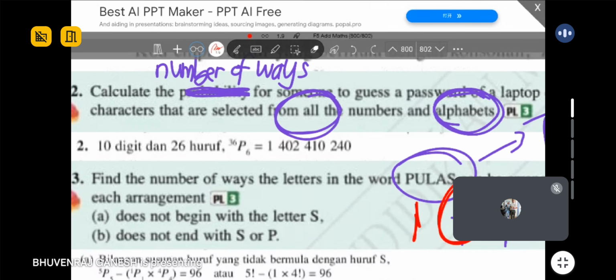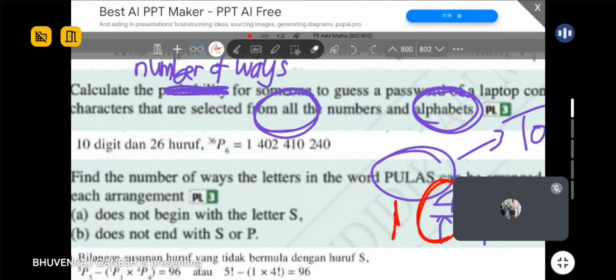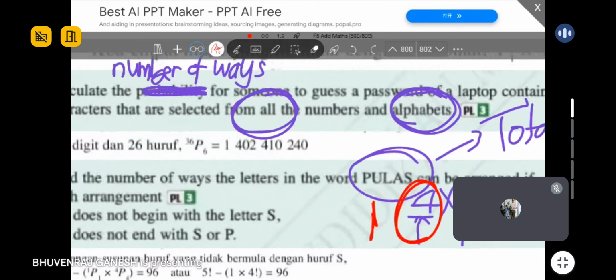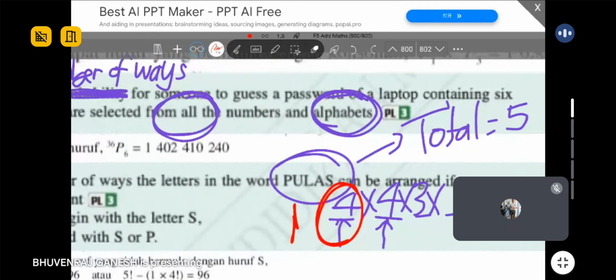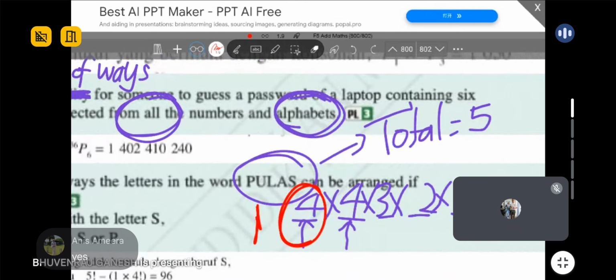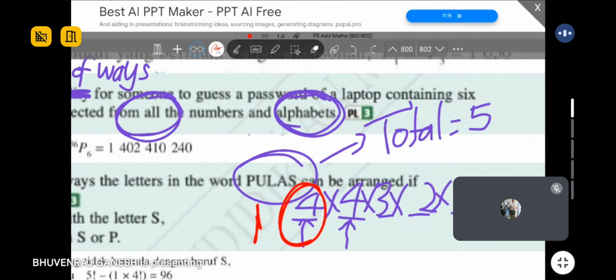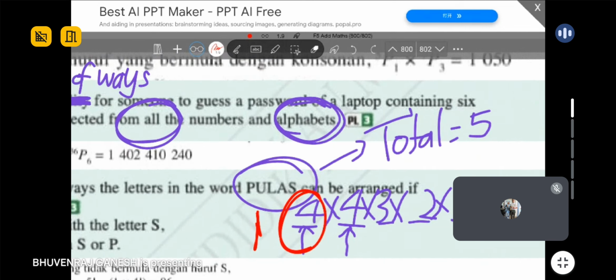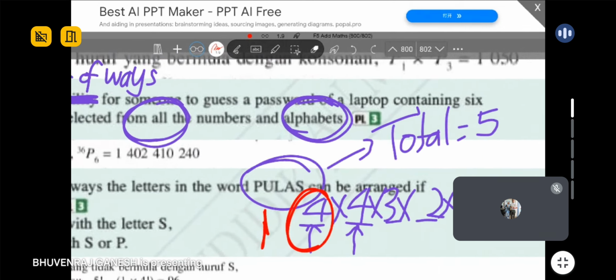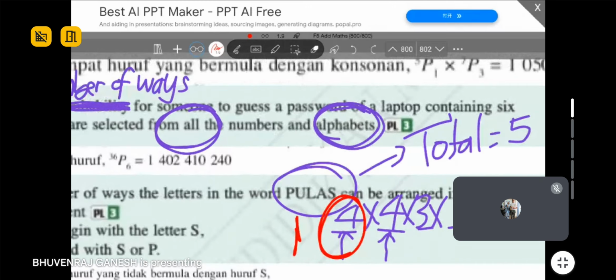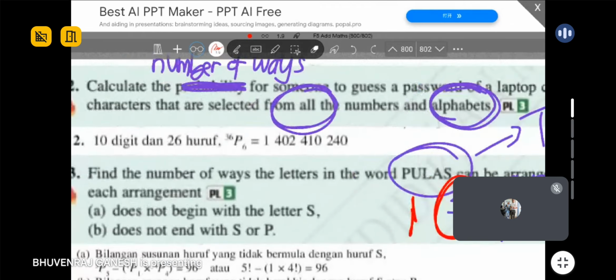Okay, are you clear? So jangan nampak skema, don't look at the mark scheme and think that there is only one way to solve the question. There are many ways. Kadang-kadang certain kaedah dia tak disenaraikan dalam mark scheme. So jangan risau. Asalkan jawapan betul, kamu dah okay. So don't worry too much. Alright, so next one.